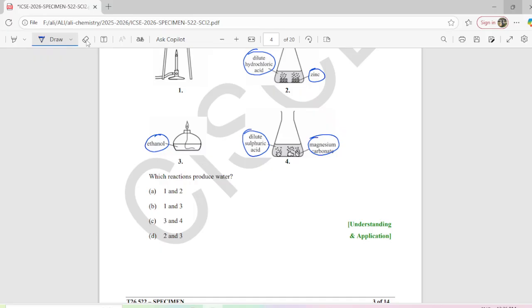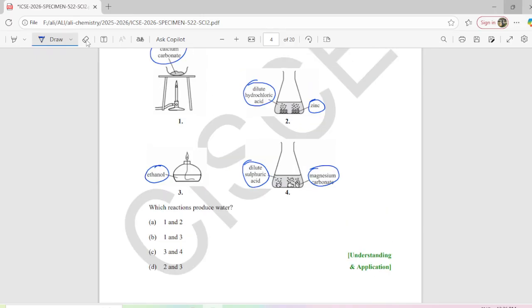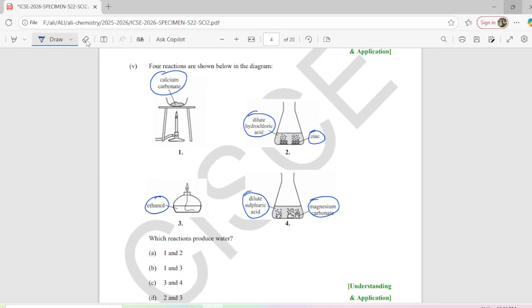In the first one, calcium carbonate does not have any hydrogen atoms, so heating calcium carbonate will not give water. Similarly, sulfuric acid or hydrochloric acid with metal can produce hydrogen gas, not water. Now coming to ethanol, when you burn ethanol, that is ethyl alcohol, in presence of oxygen, it produces carbon dioxide and water. So burning of ethanol can produce water.